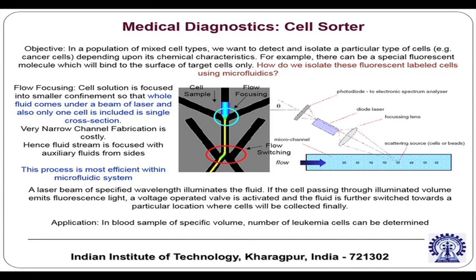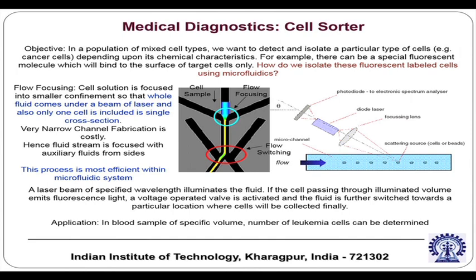Just to conclude our discussions on cellular dynamics, I want to highlight a few other applications, not just the model for understanding the biophysics of cancer progression. For example, how can we use this for medical diagnostics? I can give an example of a cell sorter.